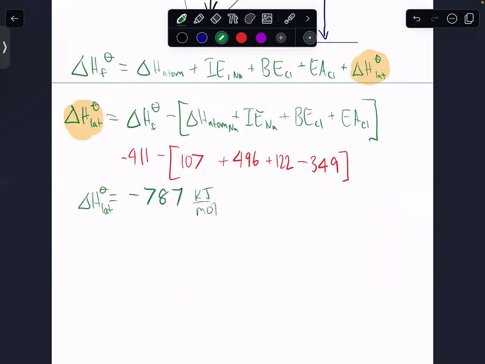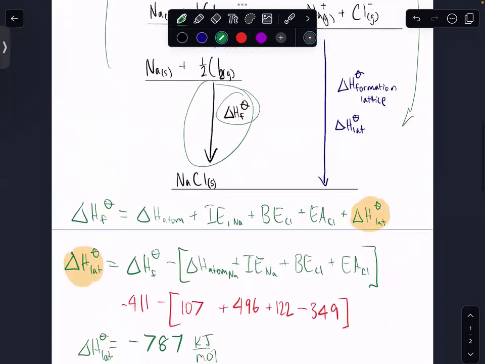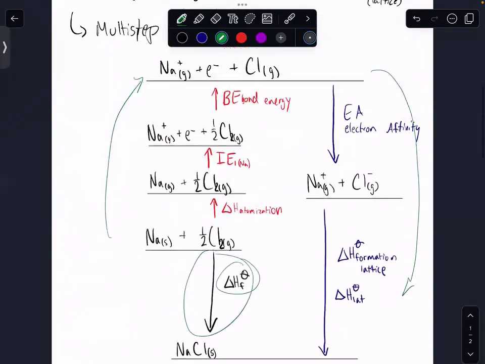And while this process does seem quite difficult and like you need to memorize a lot of things, really what this is just a step-by-step changing of variables. So we start with our sodium solid, and the first change is turning it into sodium gas. Then we take our sodium gas and change it into a sodium gas ion.